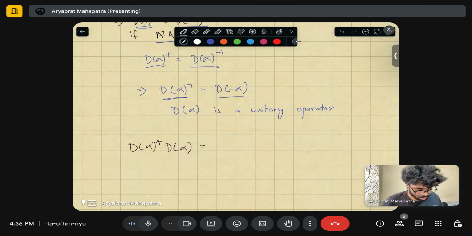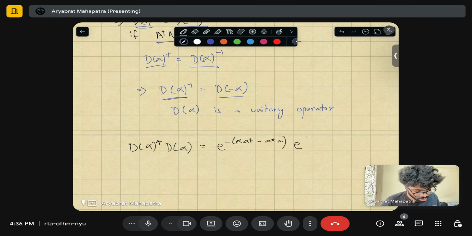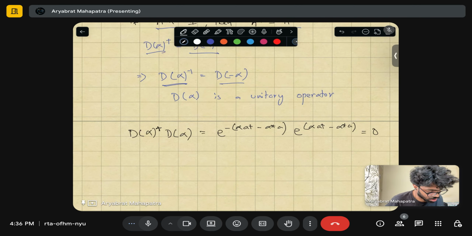If you write both of them, that is alpha A dagger minus alpha star A, and alpha A dagger minus alpha star A. So you see, this you can write as 0.